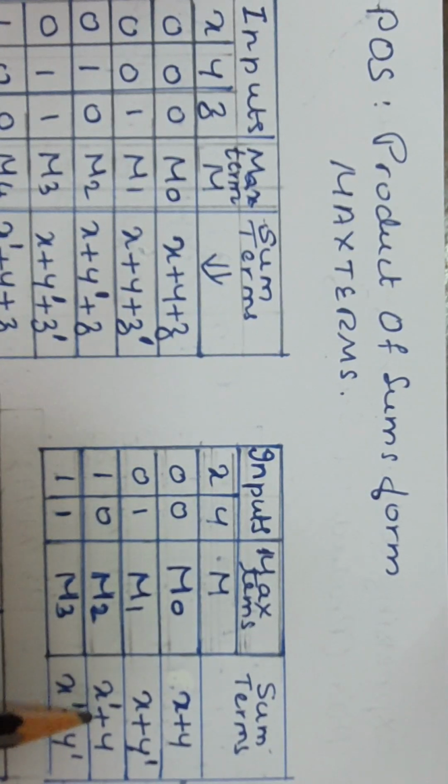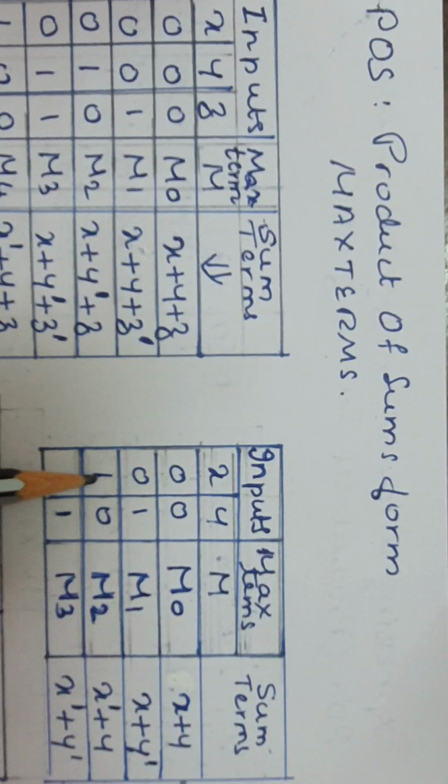M2 means x dash plus y, that is x is 1, y is 0. M3 means x dash plus y dash. Here both x and y are 1 and 1. Okay, so this is for the two variable digital system. With this we shall move on to the next, three variable Boolean function or digital system.